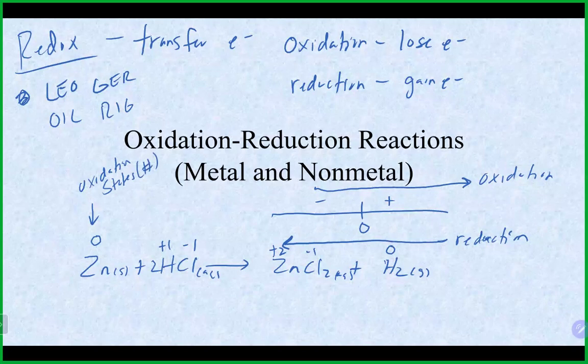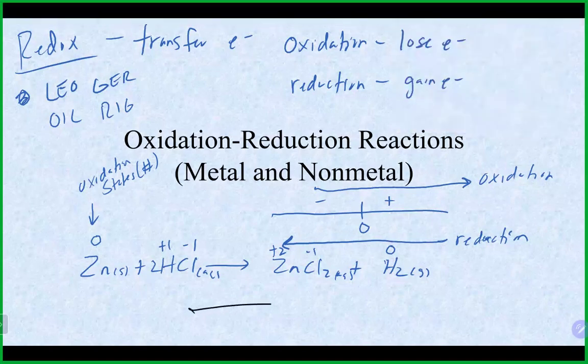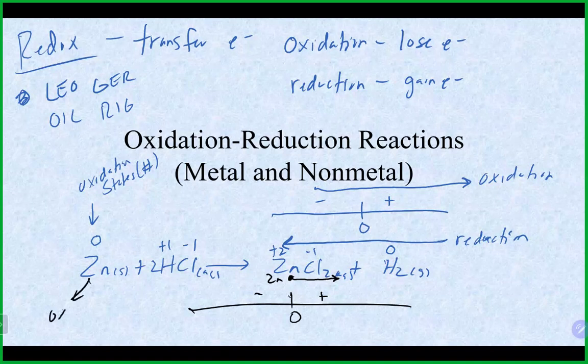We could look at the zinc, for example. If we take our little number line, the zinc is starting at 0, which is right about there. On the right-hand side, the zinc ends up at +2, which means it is moving in this direction, becoming more positive. So in this case, the zinc is being oxidized.